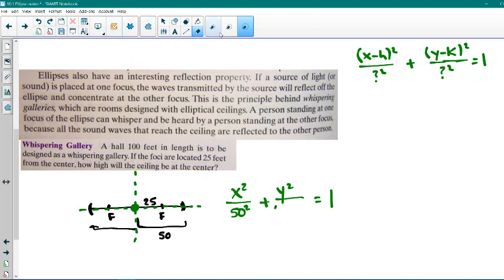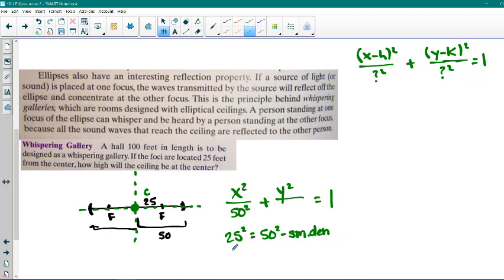So I will think about the foci information that I'm given. I know that the distance from the center to each focus is 25. That's my c. So 25 squared is equal to the larger number, which has to be 50 squared, minus the smaller denominator.